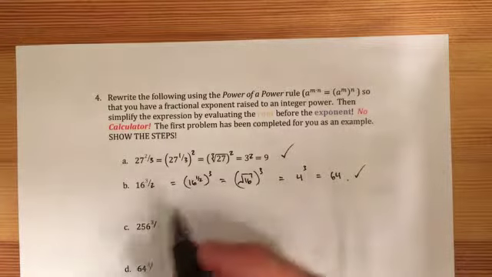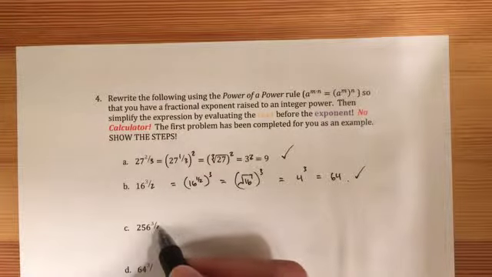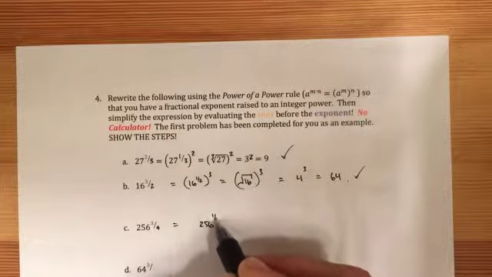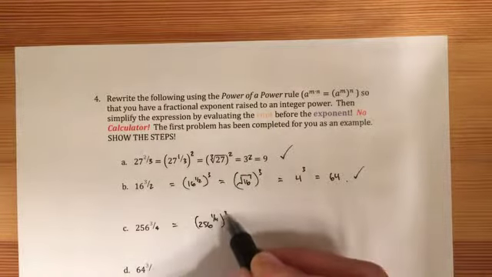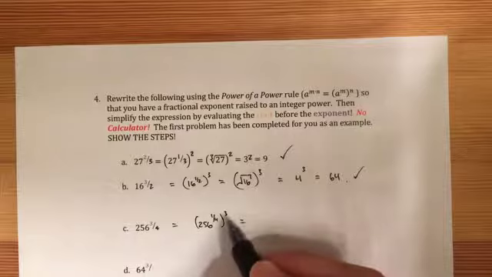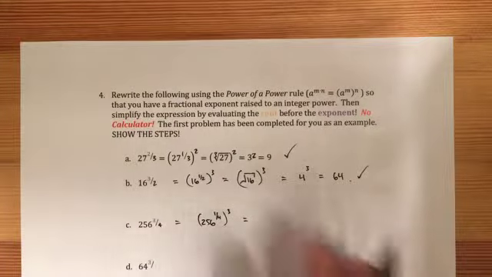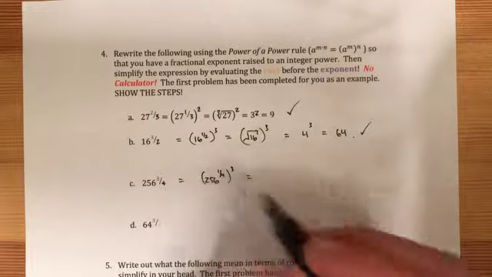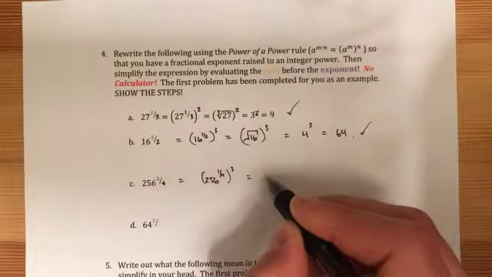is 64. This says 256 to the 3/4, and that is 256 to the 1/4 all cubed, right? Because 3 times 1/4 is 3/4. But 256 to the 1/4 is the 4th root of 256, which we know to be 4.